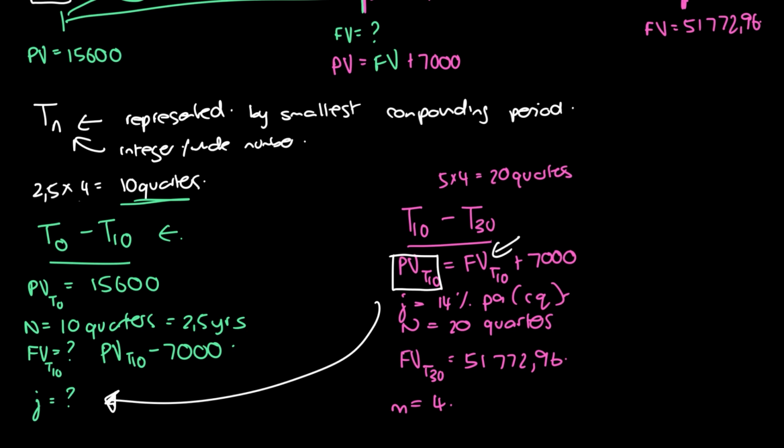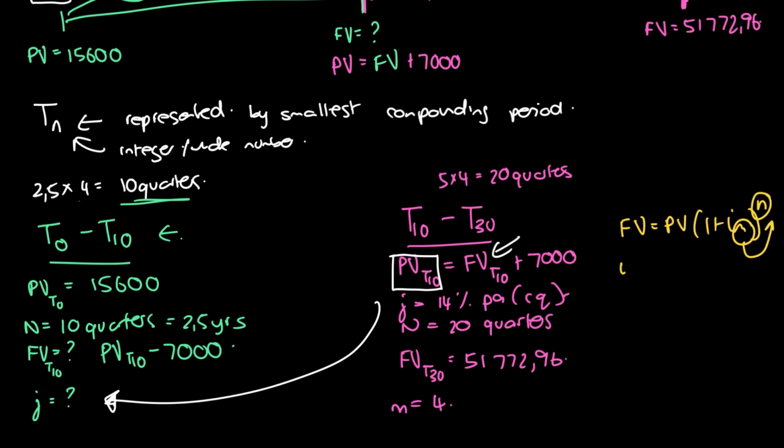But before that, I'm just going to remind us that if we do it using our formula, what we actually have to convert. So remember, our formula for normal compound interest is FV equals PV (1 + i_m) to the power of N, where the units of M and N need to coincide.